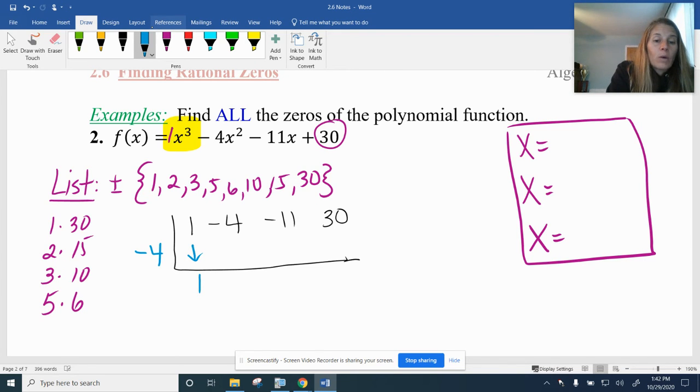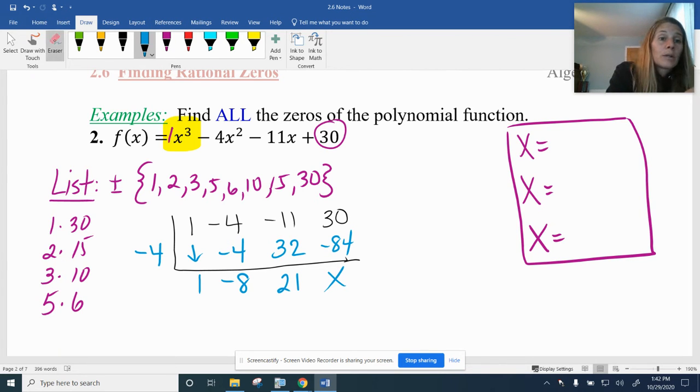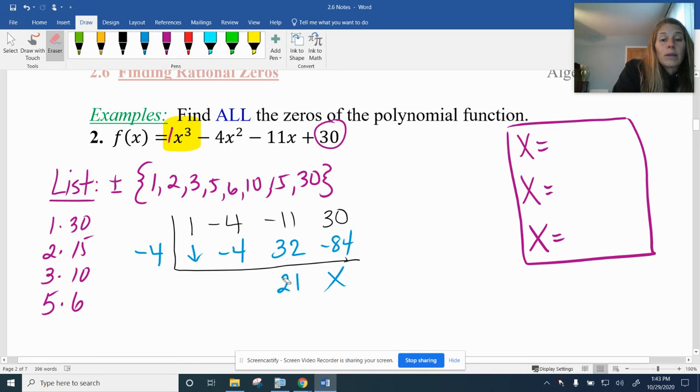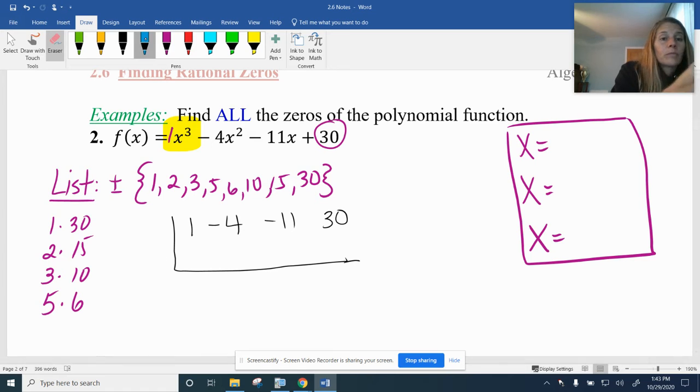Okay, so I bring down my 1. 1 times -4 is -4. Add those up, -8. Multiply those, I get +32. Subtract the 11, 21. 21 times -4 is -84, and that is definitely not going to give me a 0. So I'm just going to simply erase that.